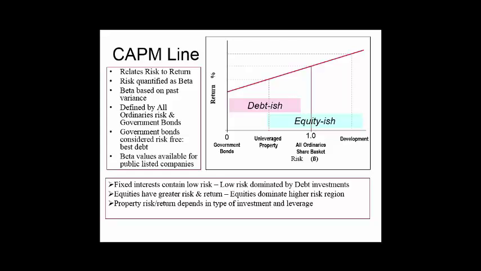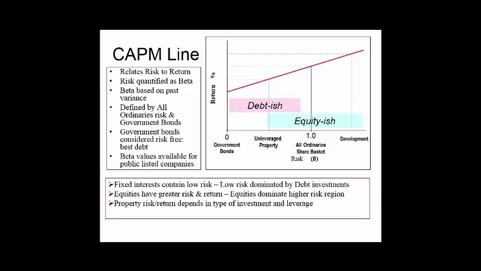You'll recall that the CAPM line relates risk and return, and it uses the quantity of beta as the measure of risk, where beta is based on the past variance. Variance, you'll recall, is the standard deviation of a sample squared. So it's a measure of spread. The CAPM line is notionally a straight line, and it's calibrated as the line that joins 2 points.